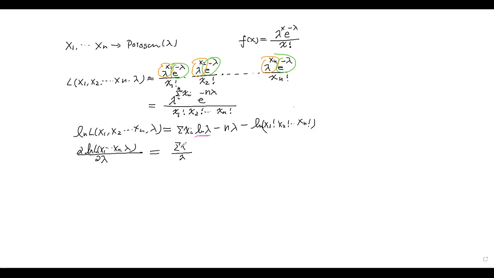The summation xi is just a constant. Then for n lambda, you take the derivative with respect to lambda and get n. And the whole last term, the natural log of x1 factorial through xn factorial, has nothing to do with lambda, so we treat it as a constant and its derivative is 0.